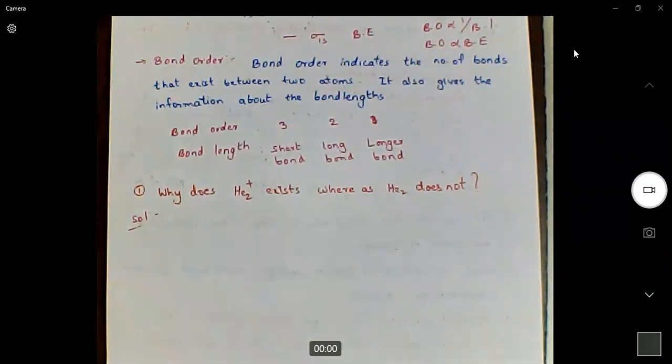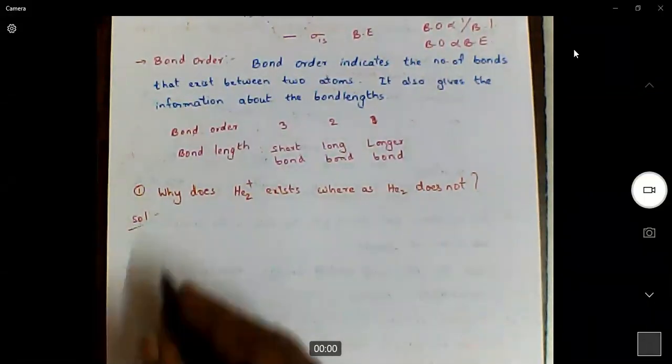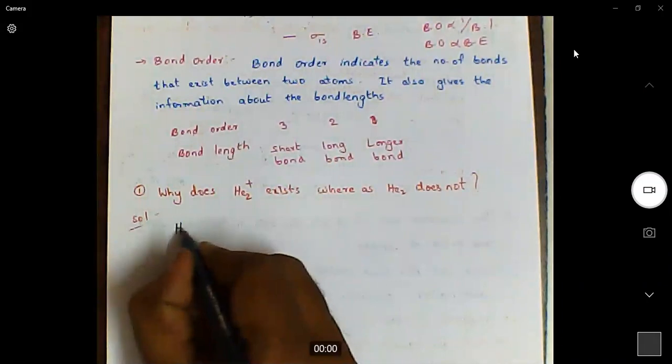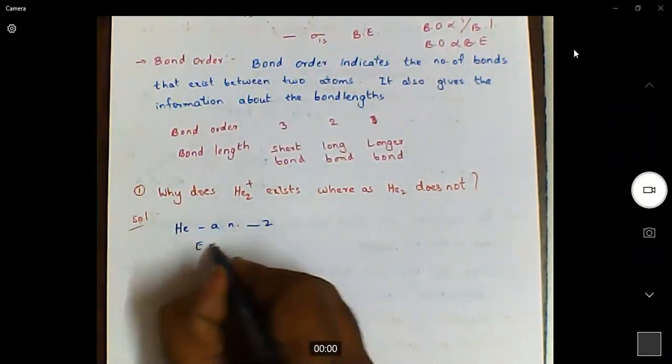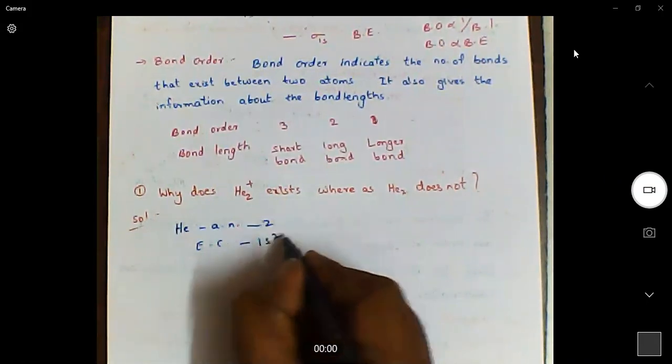I asked you to construct the MO diagram for helium-2 plus molecule, and to comment based on the bond order. Now I will again repeat it. Helium atomic number is 2, electronic configuration is 1s2.